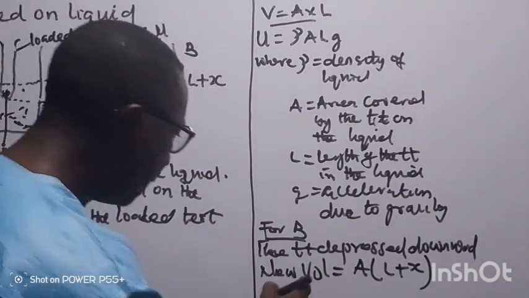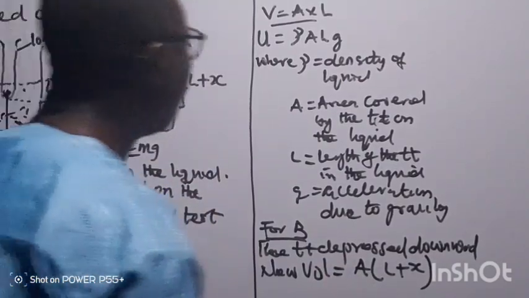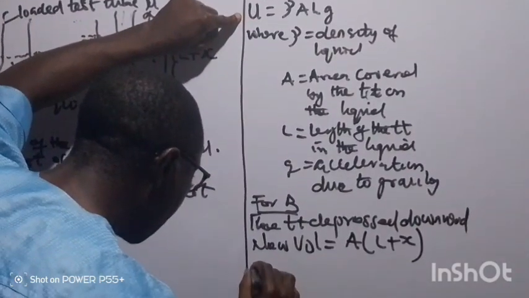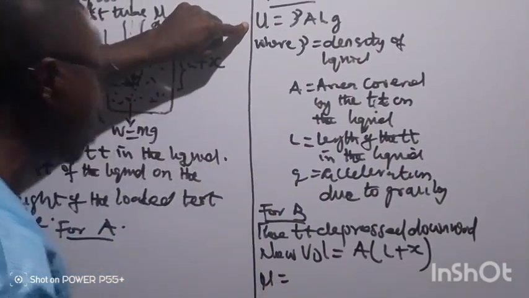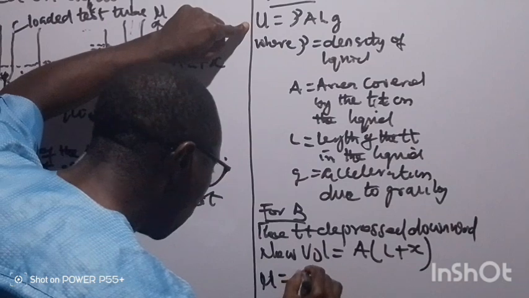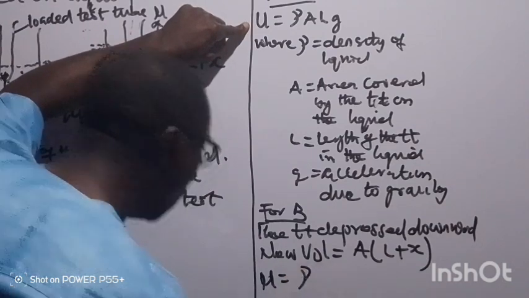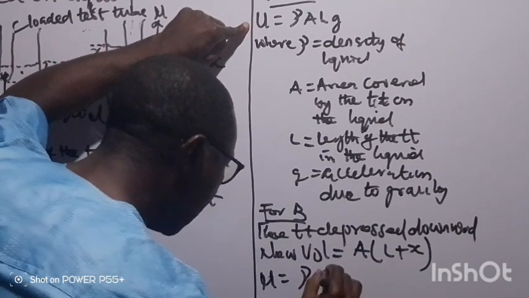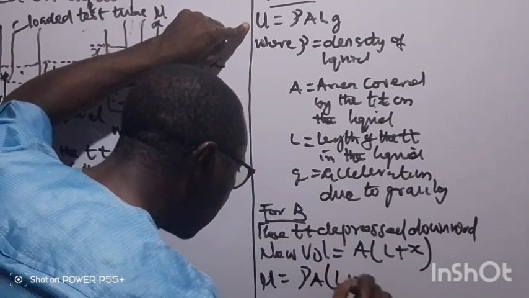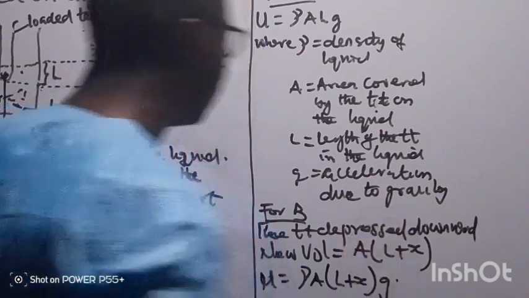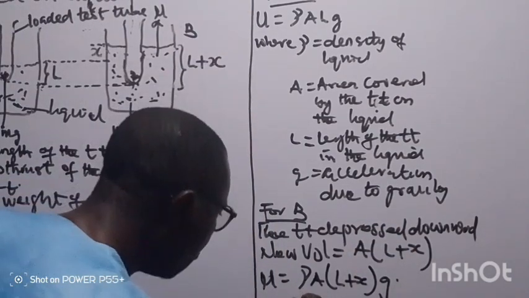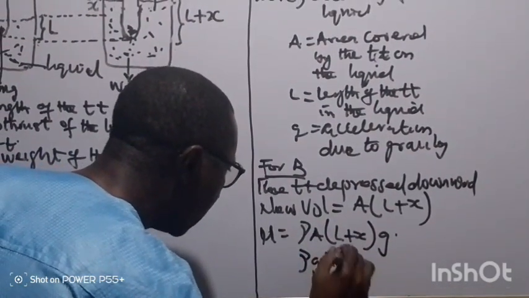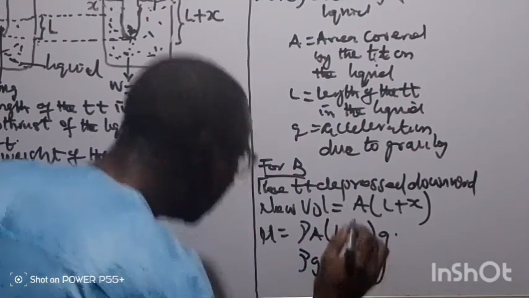Now, if the new volume is equal to this one, then the new upthrust produced by the liquid on the test tube, U, will be equal to rho, which is density of the liquid, multiplied by the area, then into L plus s, bracket g.